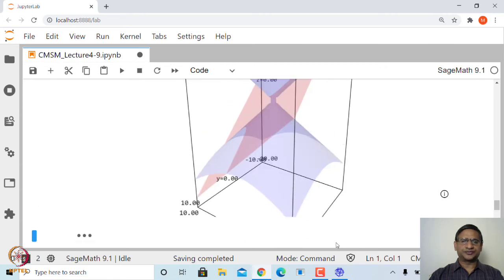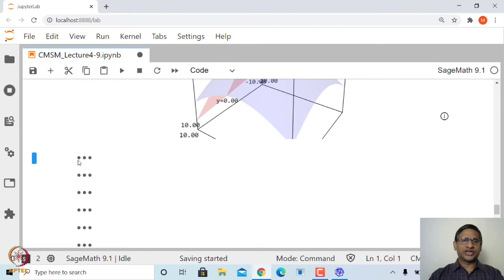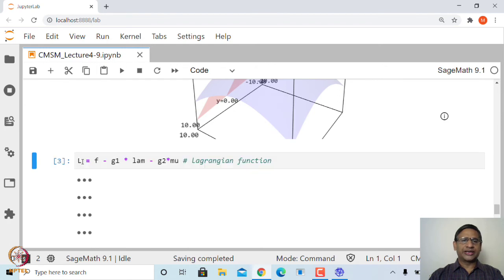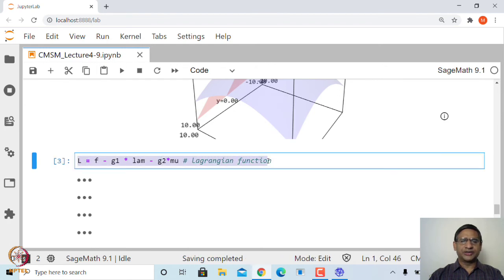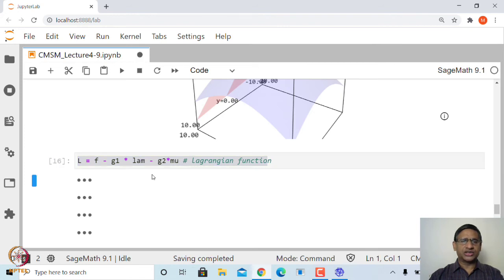Let us look at the steps. First we will declare this Lagrangian, that is L is equal to f minus lambda times G1 minus mu times G2. That is the Lagrangian function.